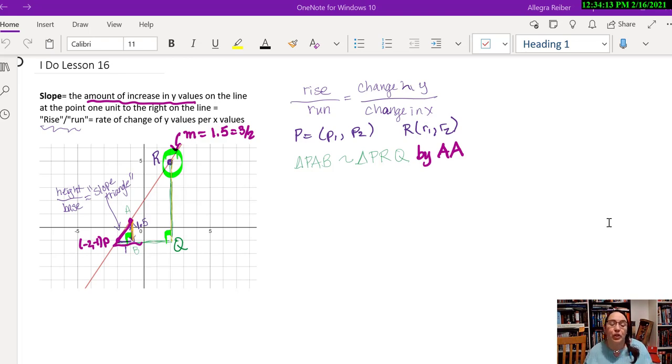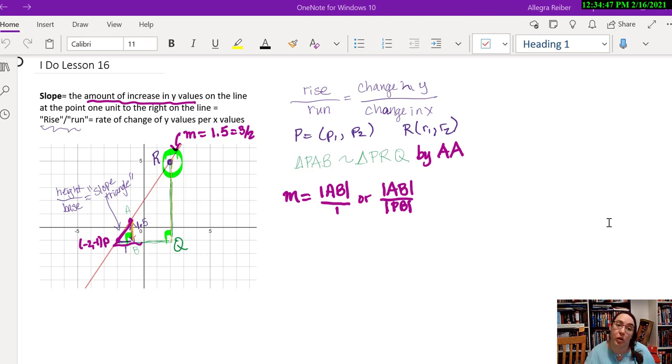Now that we have 2 similar triangles, I can build some ratios to relate them. So I knew that slope was this measurement of the length of AB, because AB is the amount I've moved up when I go over that 1 unit from P to B. And therefore it's AB divided by 1, or the length of AB divided by the length of PB. So that's the initial ratio.